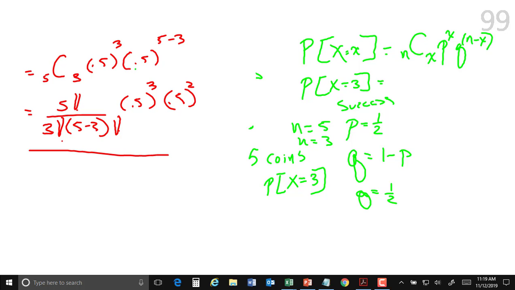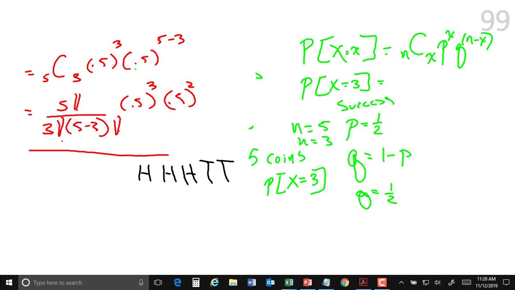So we got a head on the first toss, head on the second, head on the third, and then failures, what we call tail, tail. This is one possible order. It means we're multiplying the probability of a head times the probability of a head, and so on.